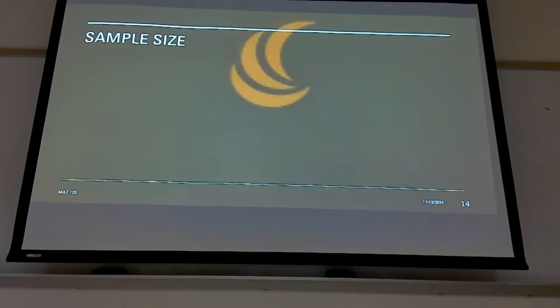Sample size. So how can we determine what sample size to use if we want a specific margin of error? This is where one of my favorite functions comes in.